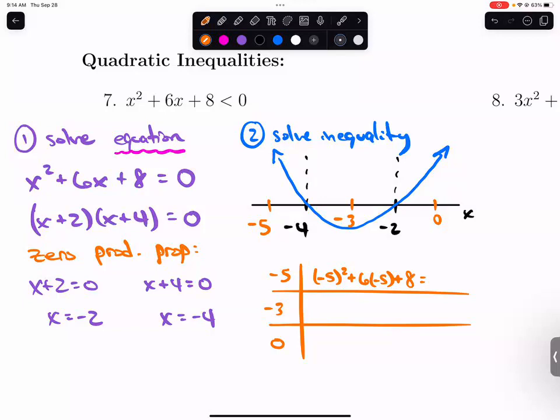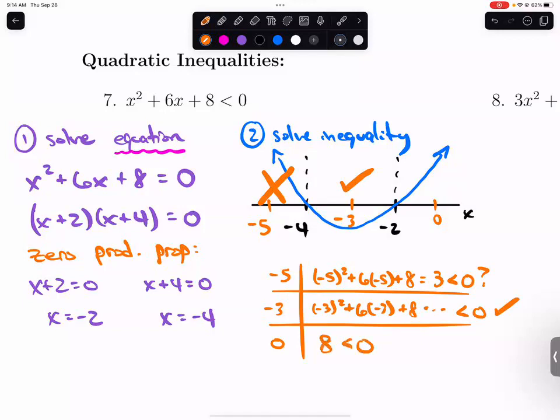But 25 minus 30, -5 plus 8 is 3. Is 3 less than 0? No. Same thing here. Plug in. It is less than 0 there. 0 I can do. Plug in 0, I get 8. And no.